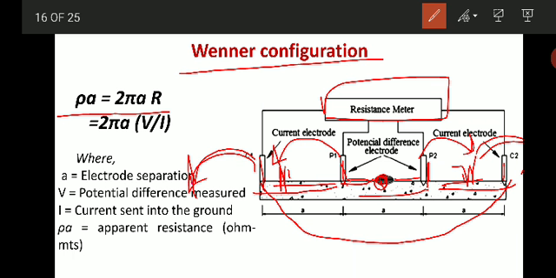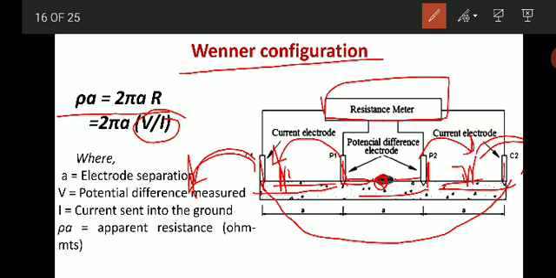Like that you have to move all the four electrodes simultaneously. This is done in the Wenner configuration, and the apparent resistivity rho A is given by this particular formula, that is 2 pi a R, where you can replace R by V by I.